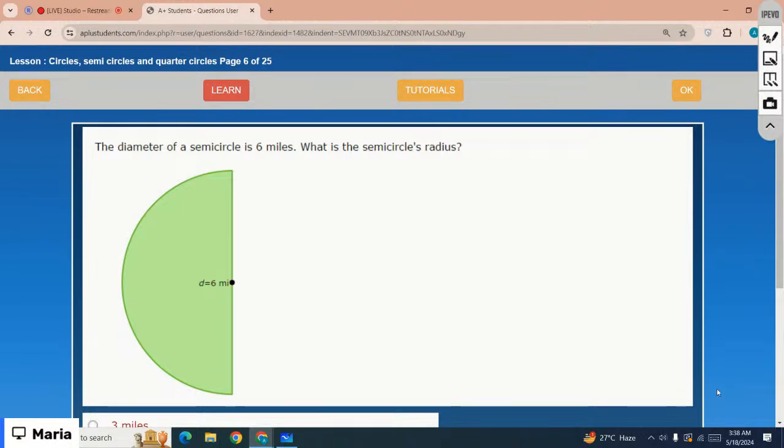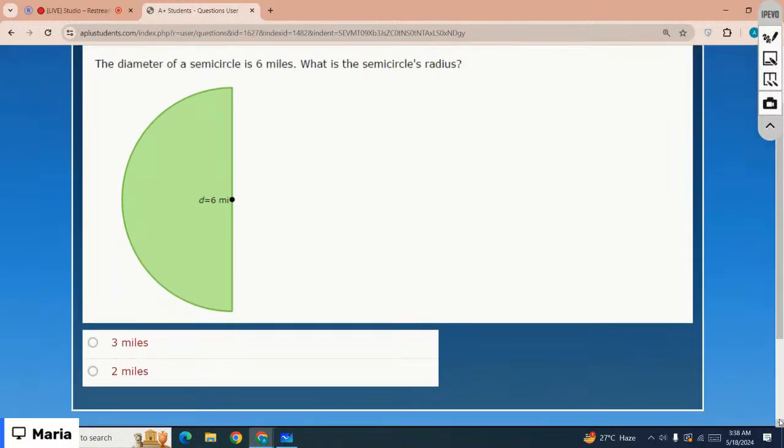The diameter of the semicircle is 6 miles. What is the semicircle's radius?